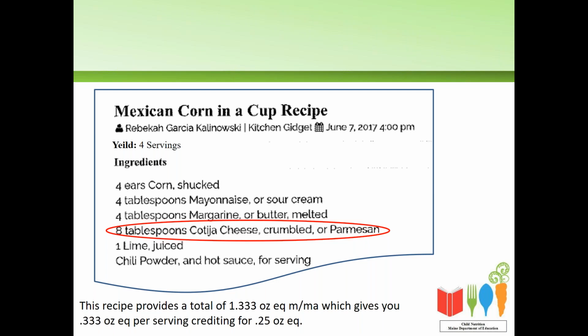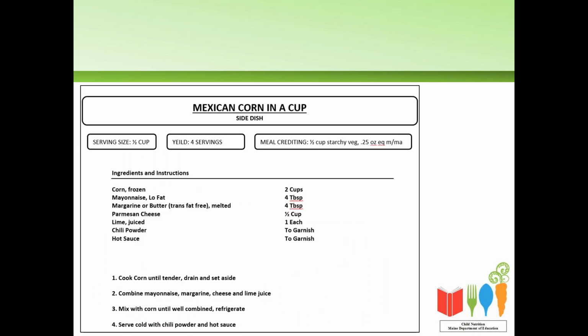In this particular case, this is going to be a side dish, so hitting that meat alternate might not be necessary, but it's always important to have that information on hand. So now here we have our standardized style recipe. We have our serving size, which would be a half a cup. This recipe will yield 4 servings.